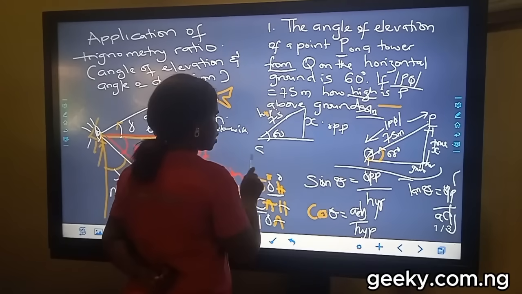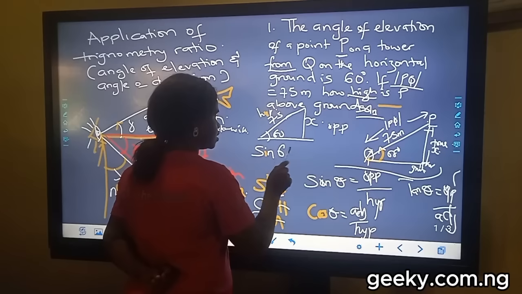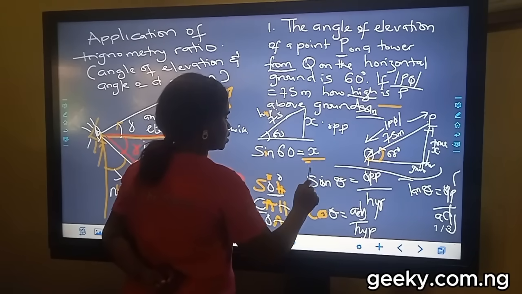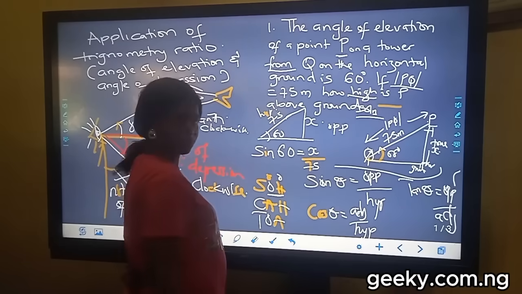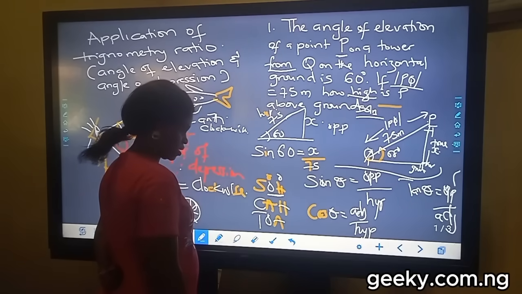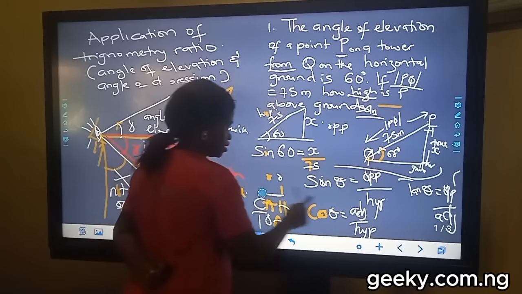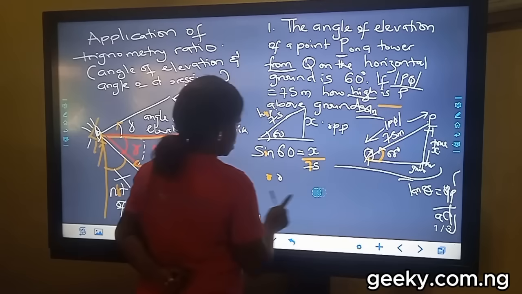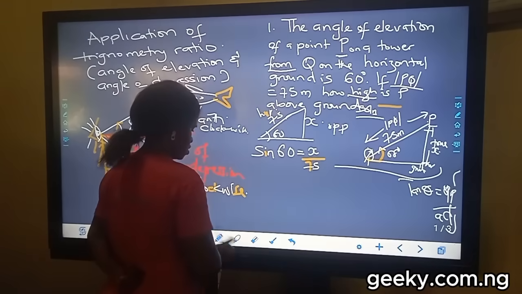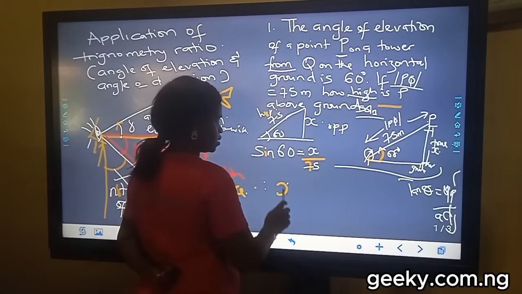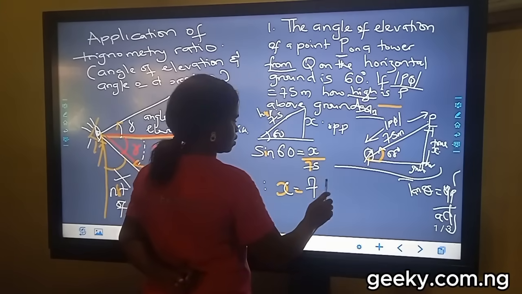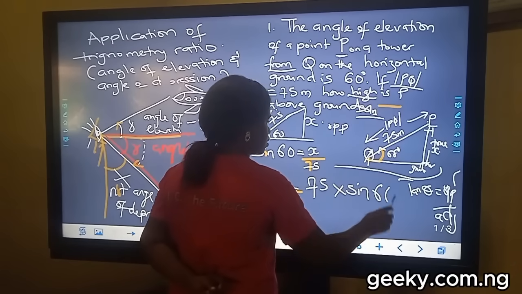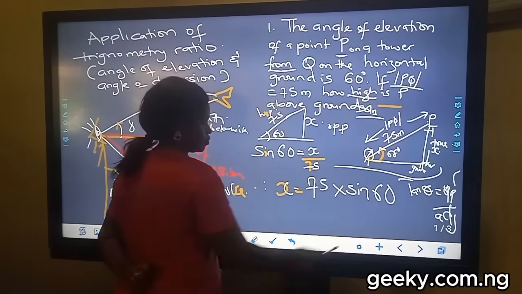So we now have sine 60 degrees is equal to x all over 75 meters. Therefore x is equal to 75 times sine 60, and that is our final answer.